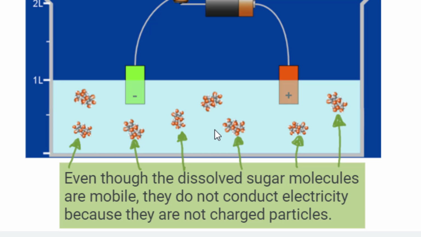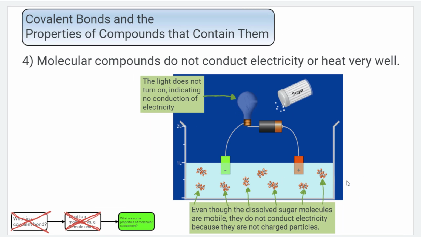And you need a mobile particle, such as an ion or an electron, to move around, and that will be able to conduct electricity. But these are neutral, and they cannot conduct electricity. And that's the end of this presentation.